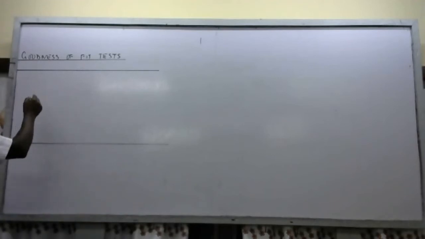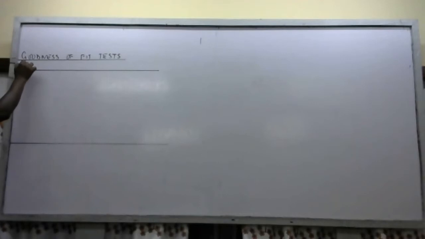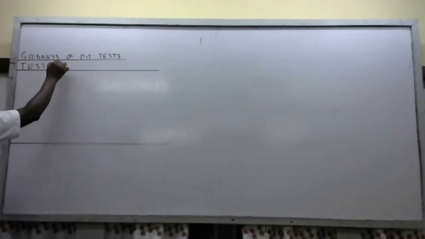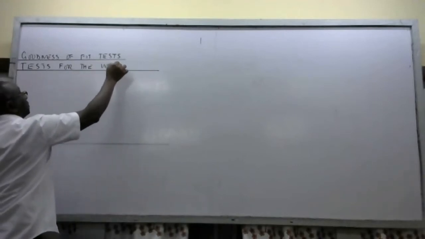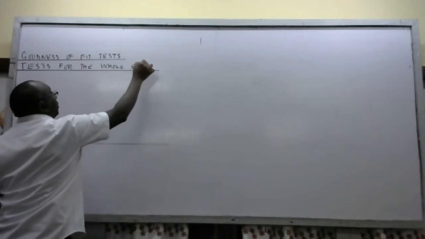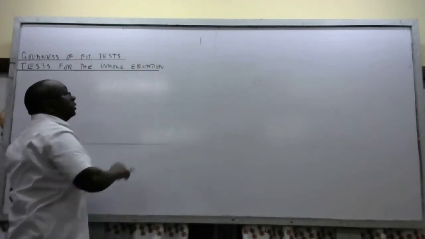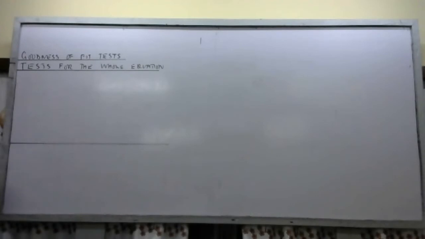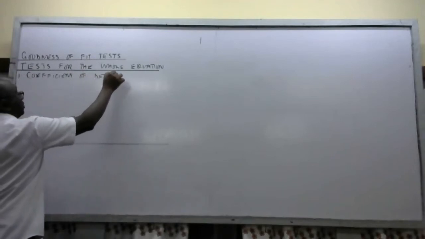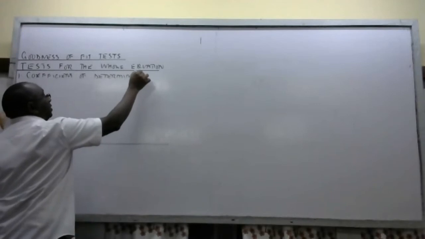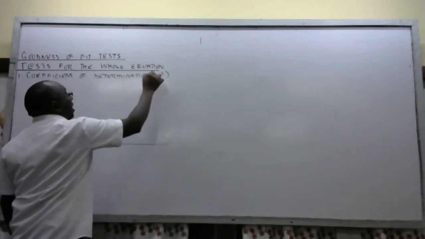So group one is called tests for the whole equation. The first one under that is called coefficient of determination, R square.